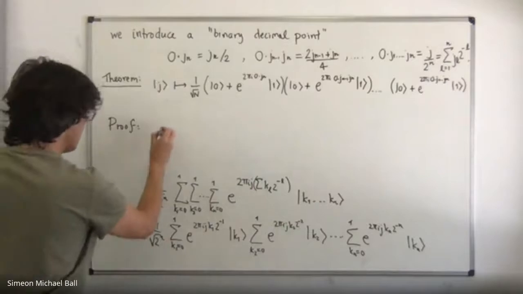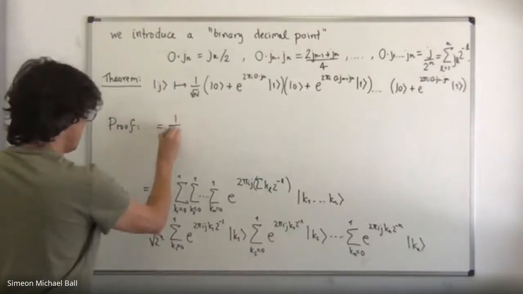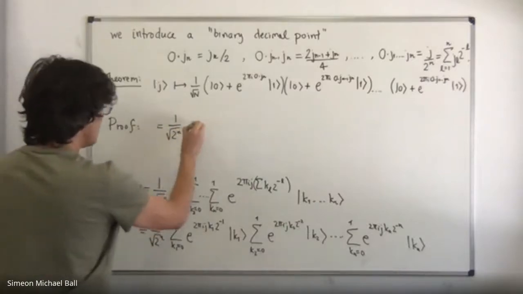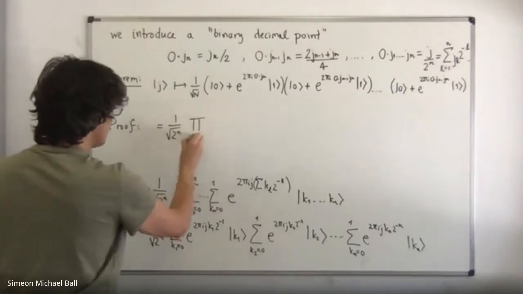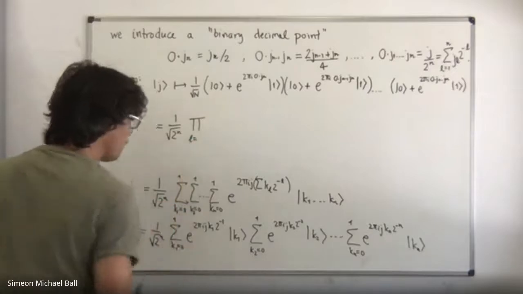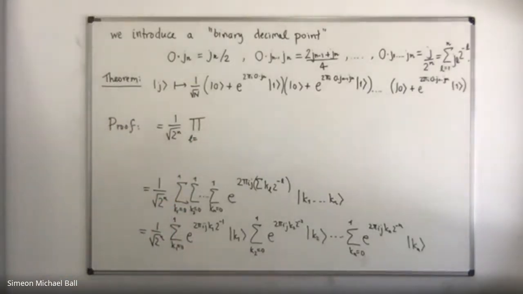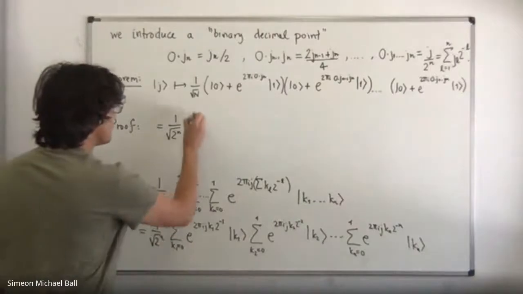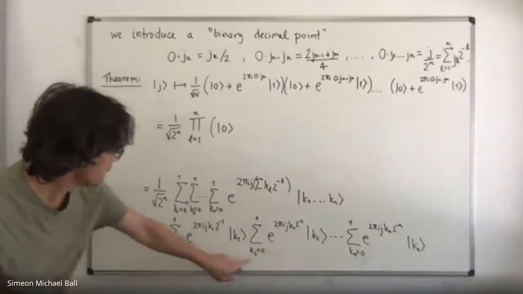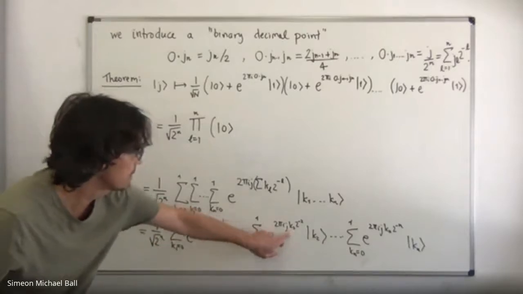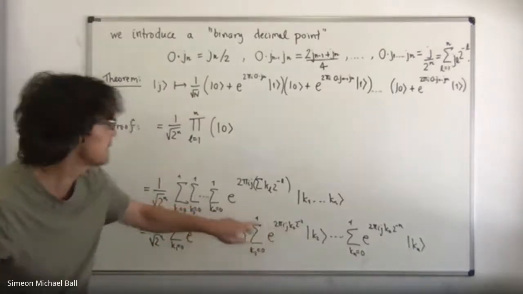So let me now write this, and so this is now equal to 1 over the square root 2 to the n. So now I have a product from L goes from 1 to n of, in each case, when the k's are 0, I just get a 1 here, e to the 0.